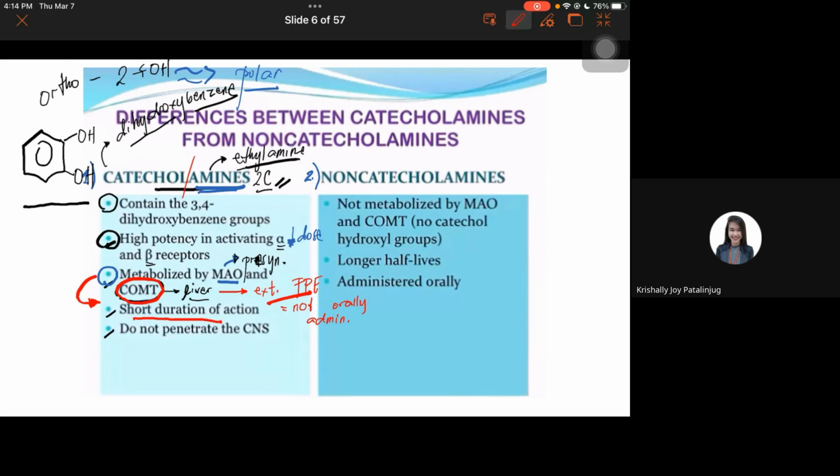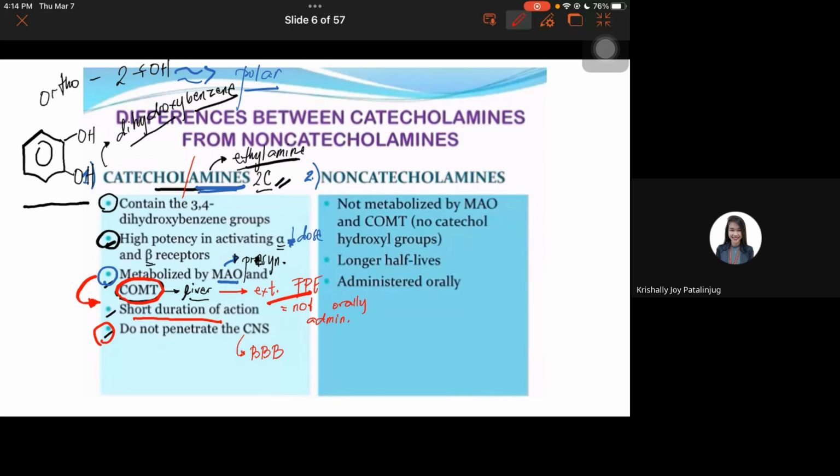And another characteristic ng catecholamines, they do not penetrate in the CNS. So it has something to do actually with the nature ng blood-brain barrier. Yung blood-brain barrier kasi natin, di ba, highly lipophilic siya.